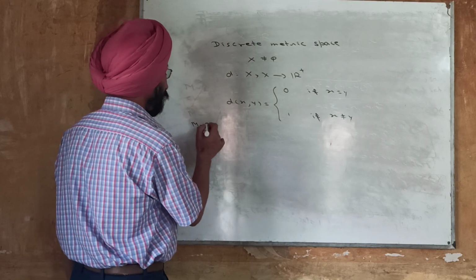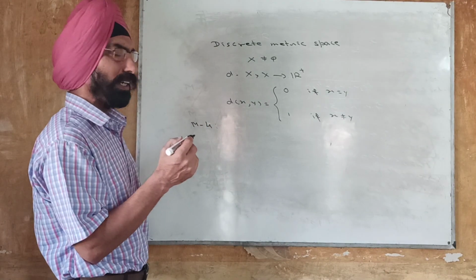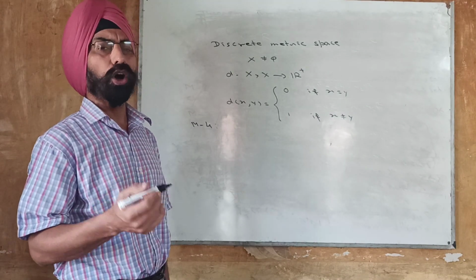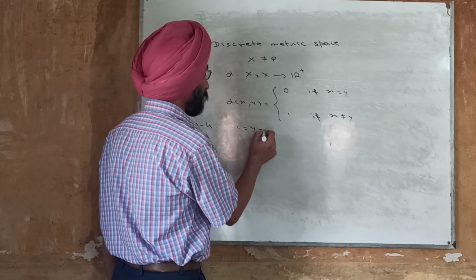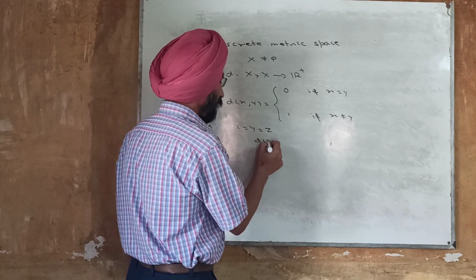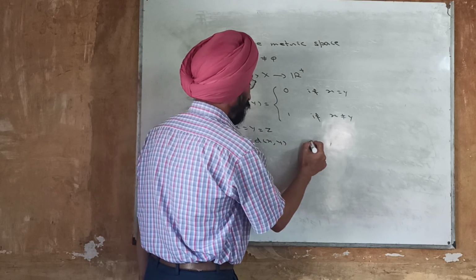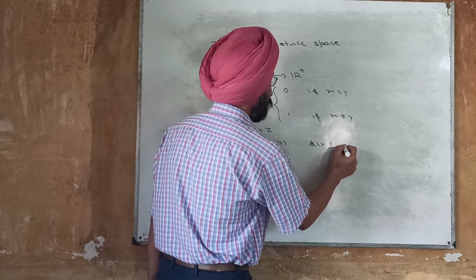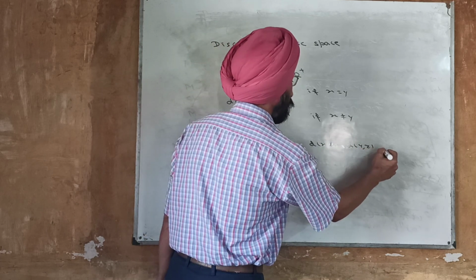Now we move on to the fourth property, M4. Again, we have 3 points, x, y and z, and we will look at all the possible cases. If x is equal to y is equal to z, if all the three are equal, then D of x,y is equal to 0 by definition, and D of x,z plus D of y,z will again be 0 plus 0, equal to 0.